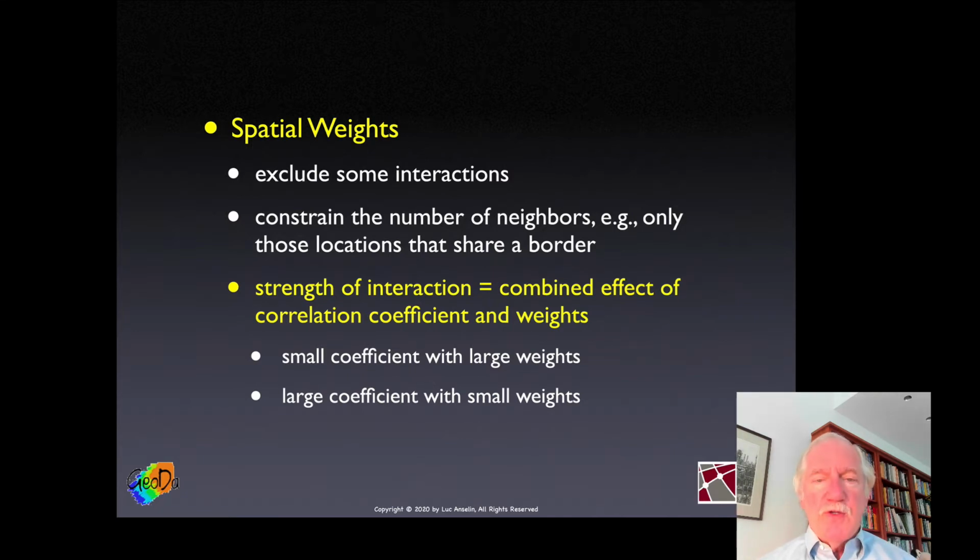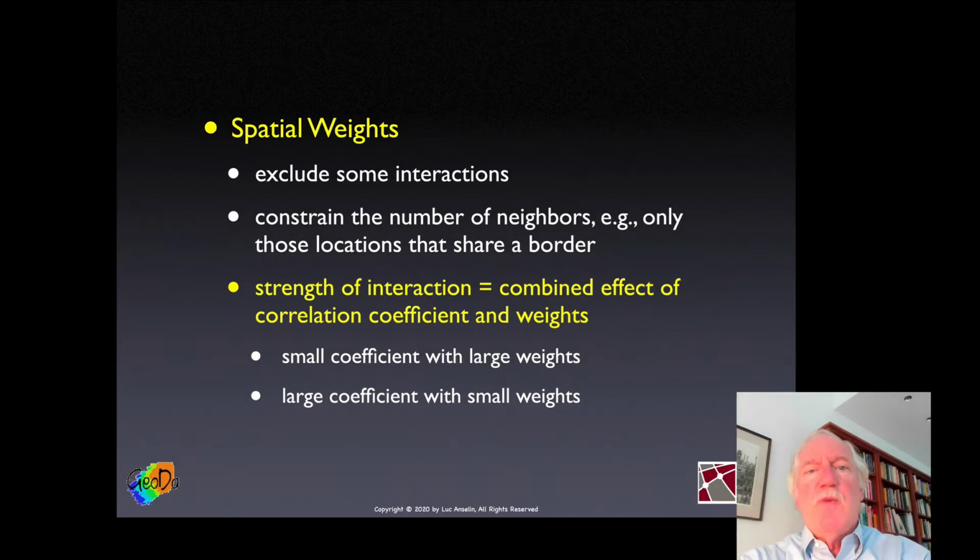And important in this context, and this is also something that is very different between, say, standard correlation analysis by means of a Pearson correlation coefficient and spatial correlation analysis, autocorrelation analysis.